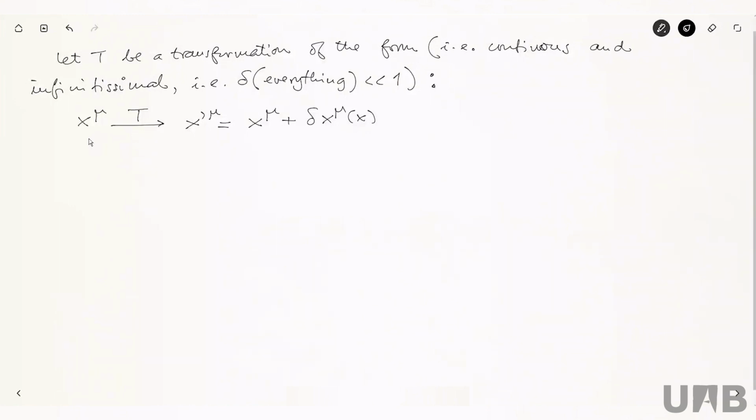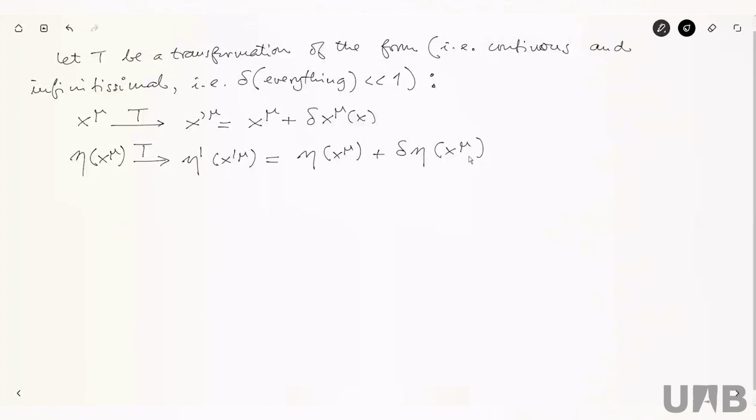And when we transform X, in general, we are also going to transform the field eta of X mu. So under T, it also changes into eta prime of X prime mu. Remember what we did with the vector function, okay? And this is going to be eta of X mu plus delta eta of X mu.